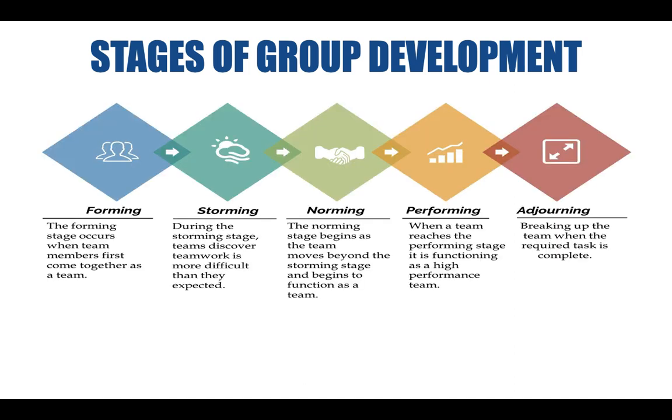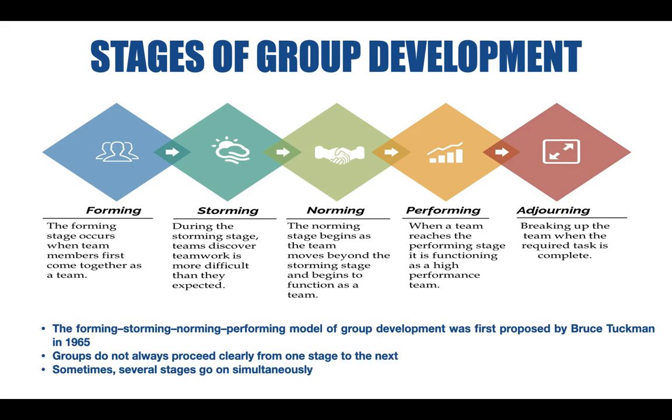Then, what are the stages of group development? There are five stages in general, and it has evolved into five stages, but it was earlier developed as a four-stage model of group development. It was first introduced in 1965 by Bruce Tuckman, who suggested the model of forming, storming, norming, and performing.